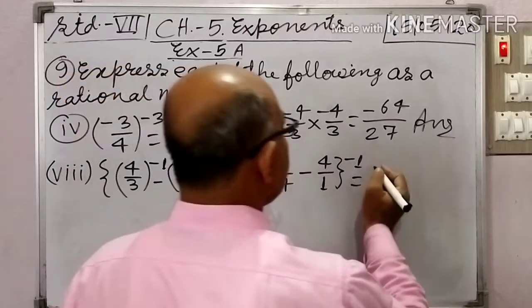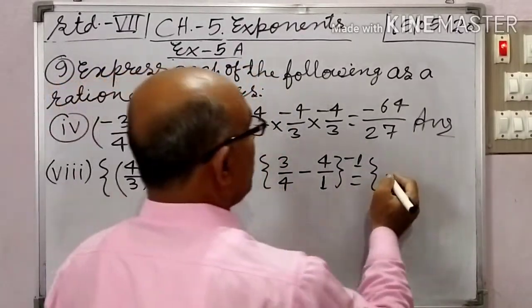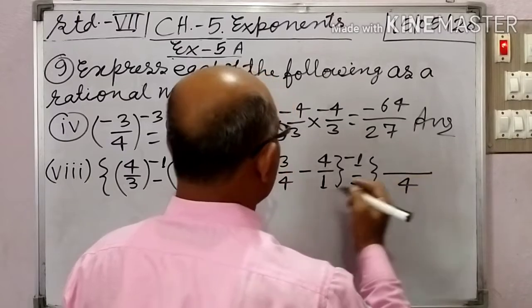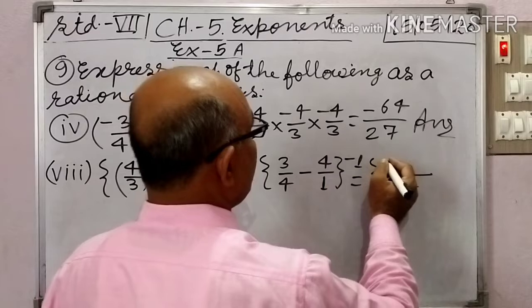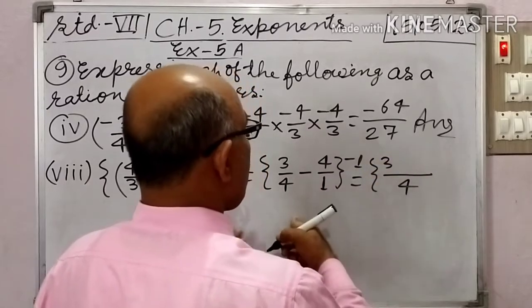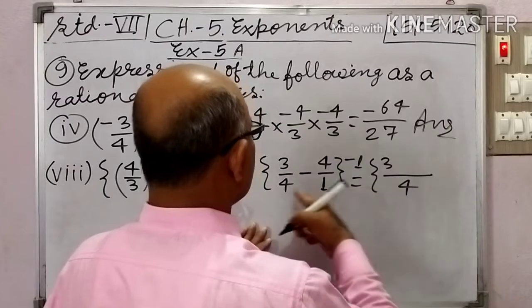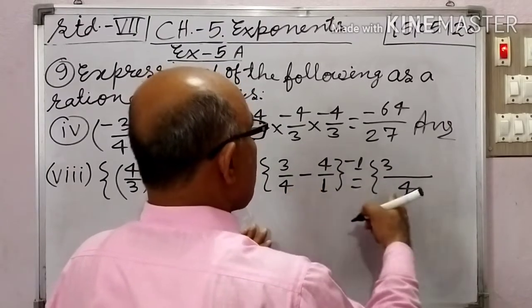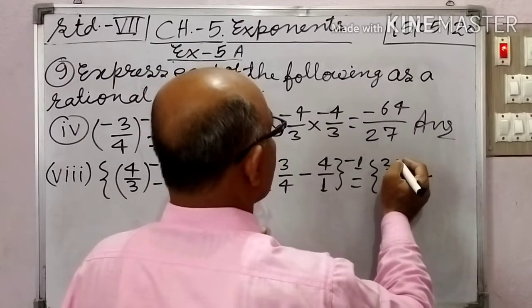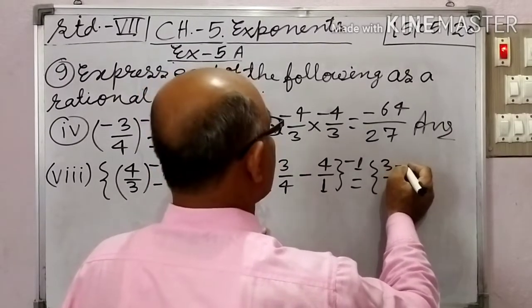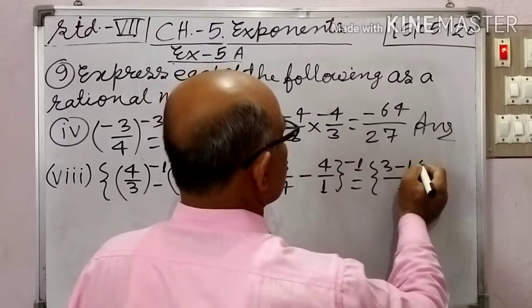Now LCM of 4 and 1 is 4. 4 4s is 4, 4 1s is 4, 3 1s is 3. Minus 1 4 is 4. Minus 16.